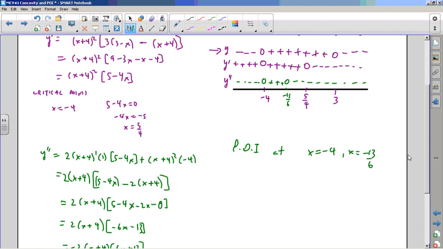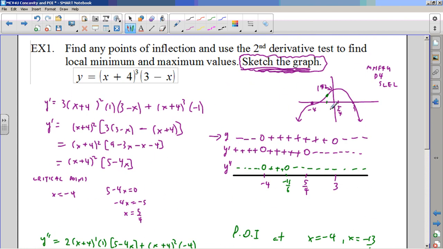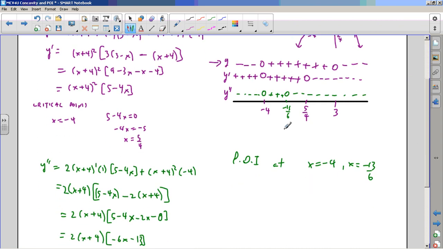And what else do we want to do? We wanted to use the second derivative test to find local minimum and maximum values. What's the second derivative test? Well, the idea is y prime equals 0 at x equals -4. But here, the second derivative is negative, so that's not a minimum or maximum point.